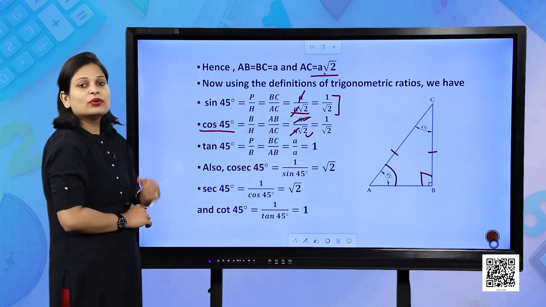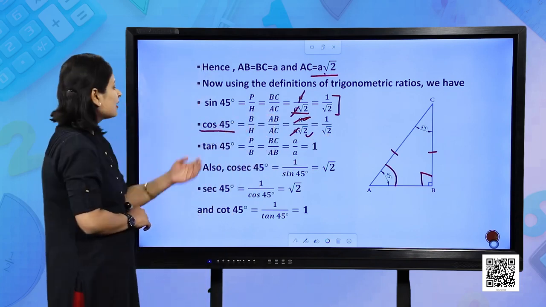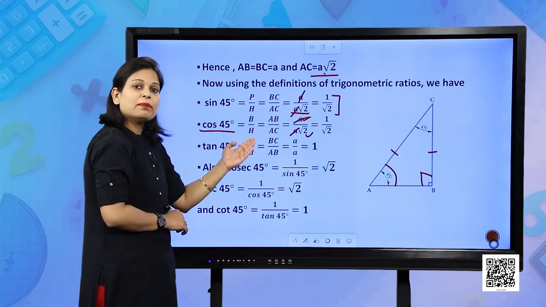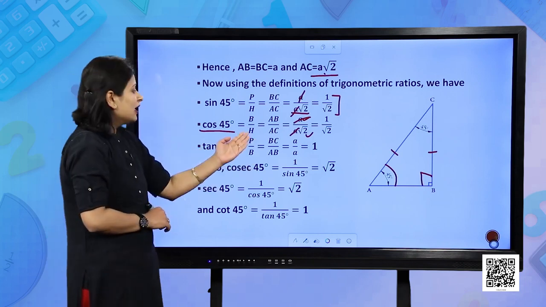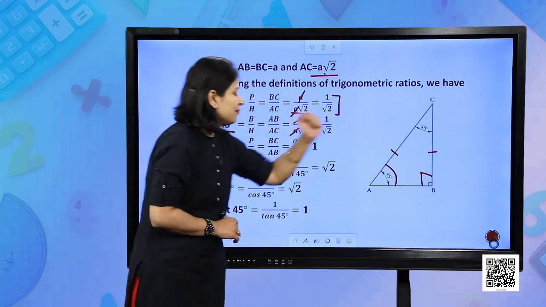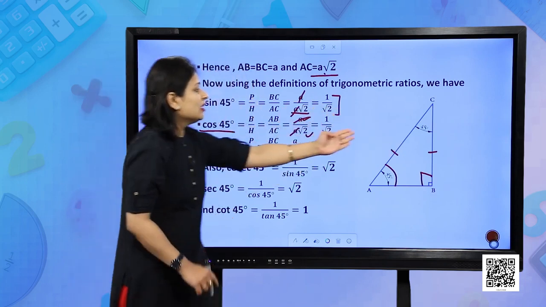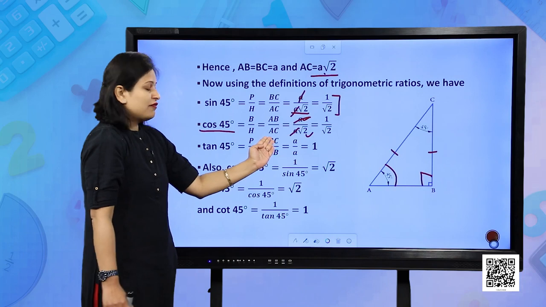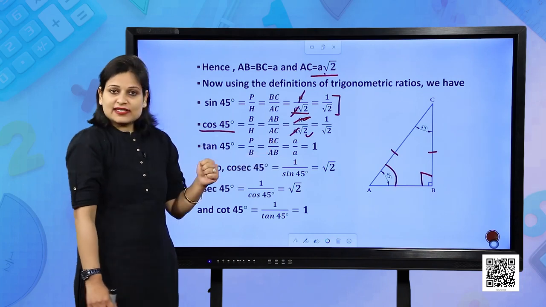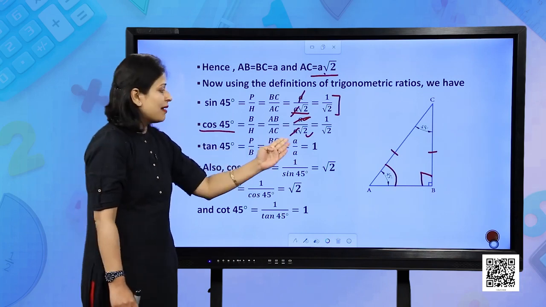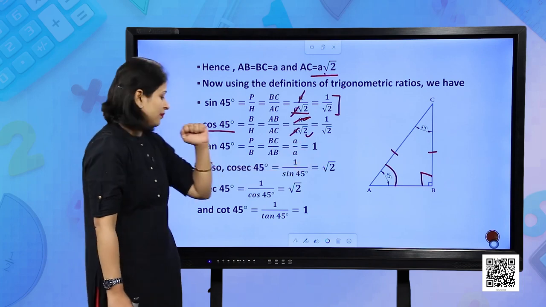Now comes tan 45. This is by definition perpendicular upon base. Here perpendicular is BC, base is AB, value of BC and AB are same. So, these are A upon A, you will get 1.